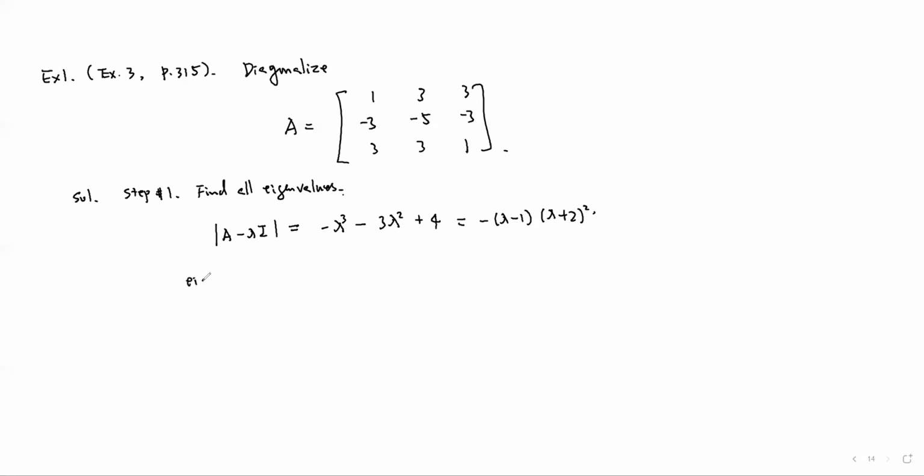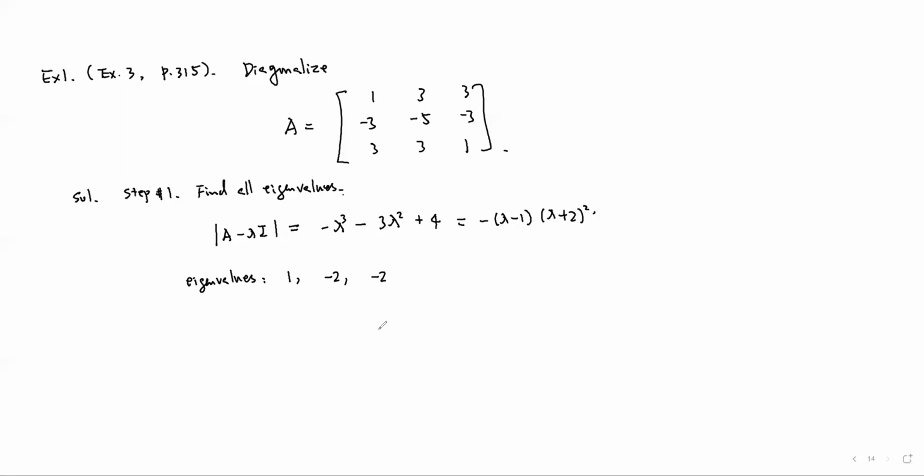So eigenvalues. A 3 by 3 matrix should have 3 eigenvalues. First one, number 1, because number 1 makes the polynomial 0. Now the second eigenvalue, negative 2. The third eigenvalue, negative 2, because the power is 2.